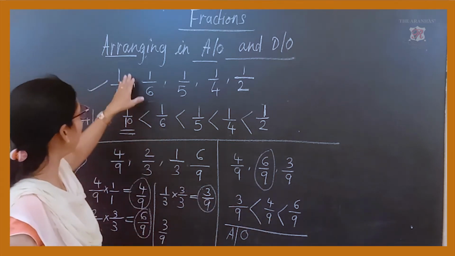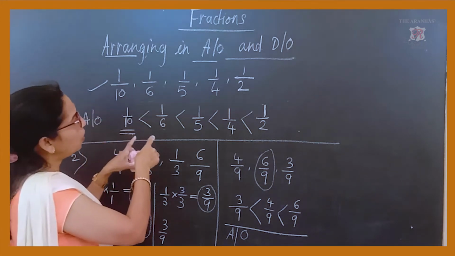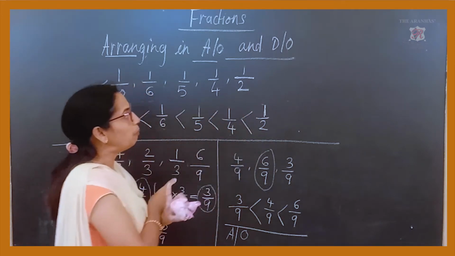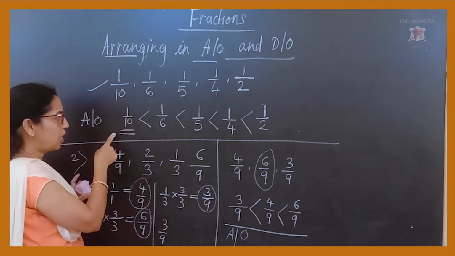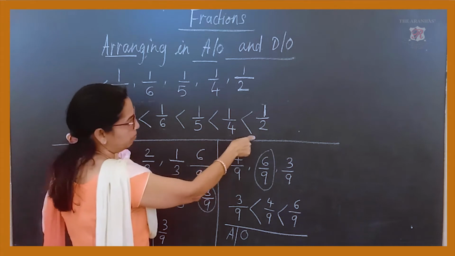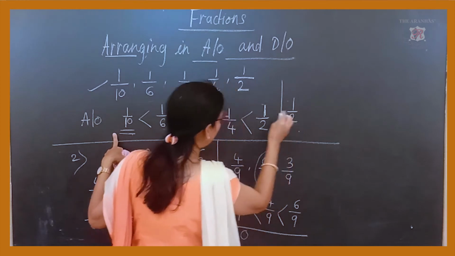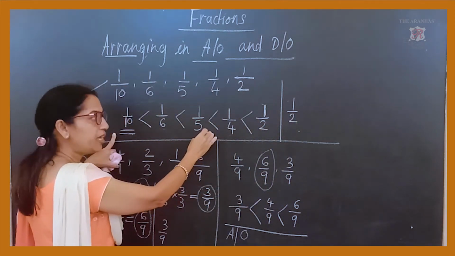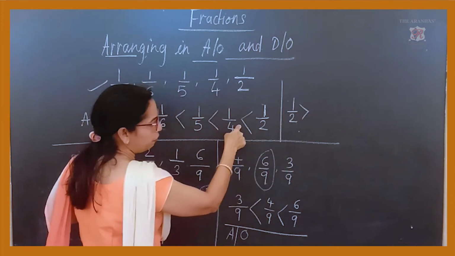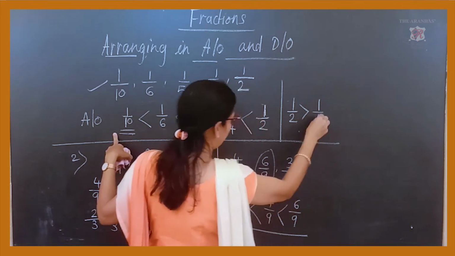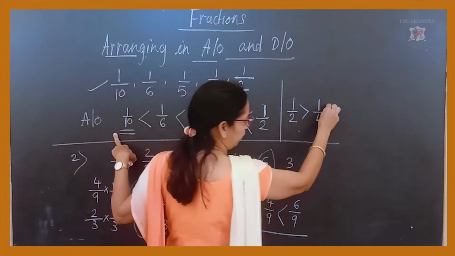Now after ascending order, we have to think of descending order. The ascending order and descending order are completely opposite. For ascending order, we started from smaller to bigger, but for descending, we will start from bigger to smaller. So for this first example, we can write 1/2, which is greater than 1 upon 4. Then 1 upon 4 will be bigger than 1 upon 5.